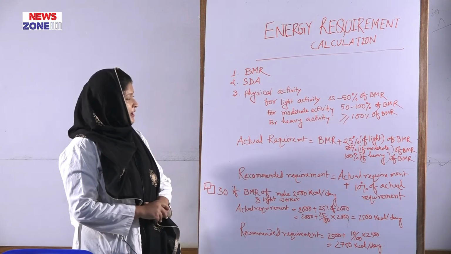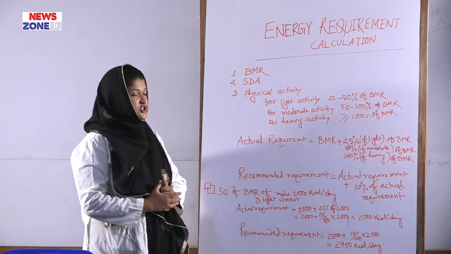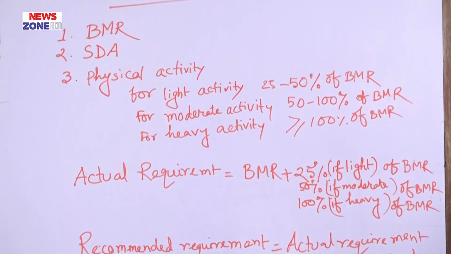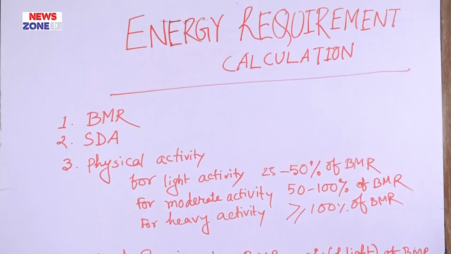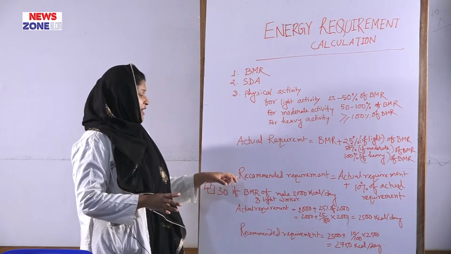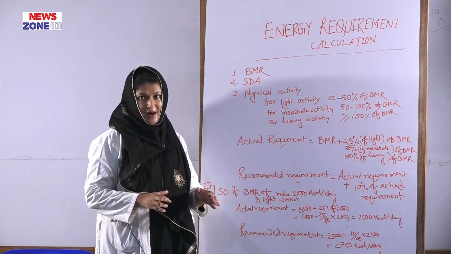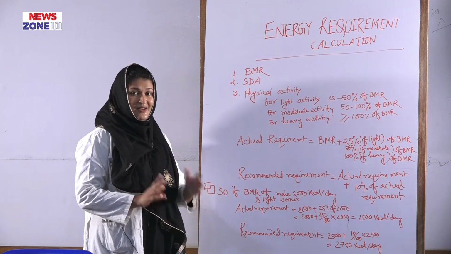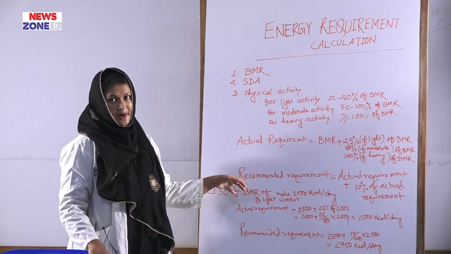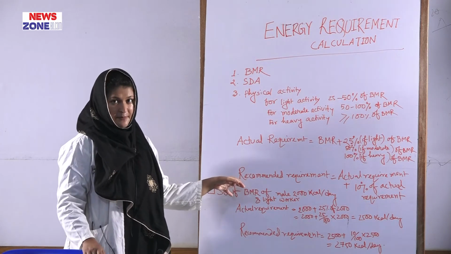In this energy requirement calculation, if she is a female and if she is pregnant, in that case, in the recommended requirement, we will add 300 more kilocalorie, and if she is a lactating mother, then we will add 500 kilocalorie in the recommended requirement of that female person.